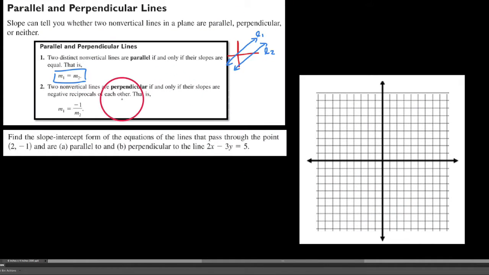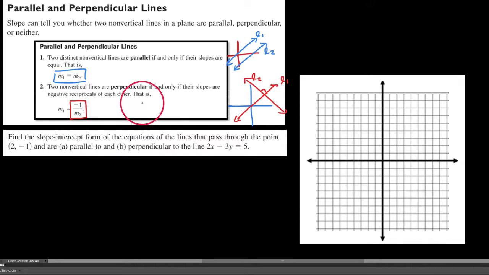With two non-vertical lines that are perpendicular, let's sketch these in here. Perpendicular, we're going to see that this is maybe line 1. And then line 2 has to meet it at a right angle. We would say that the slope of the first line is the negative reciprocal of the slope of the second line.